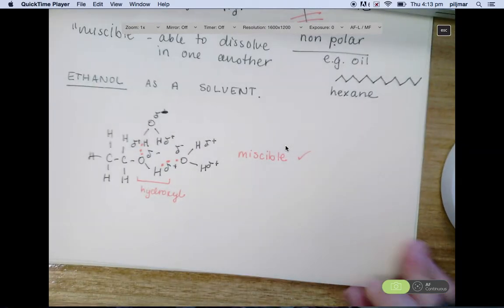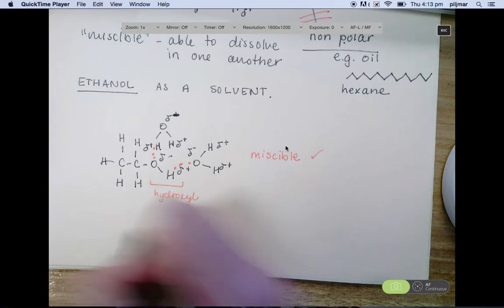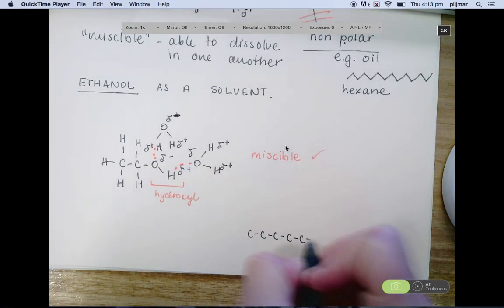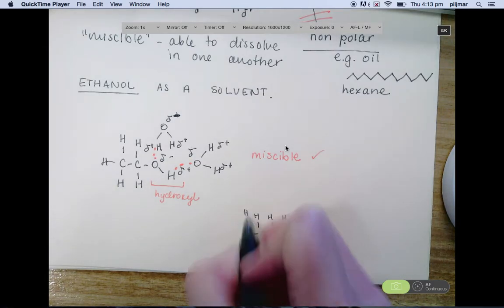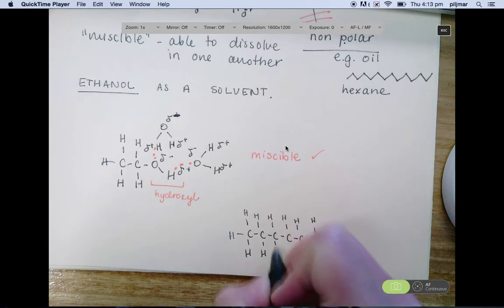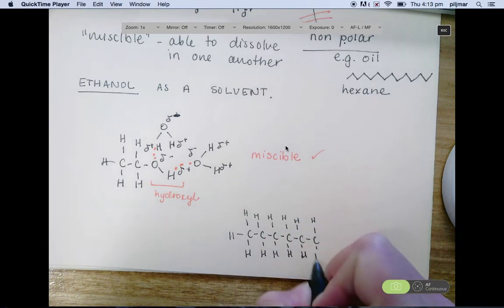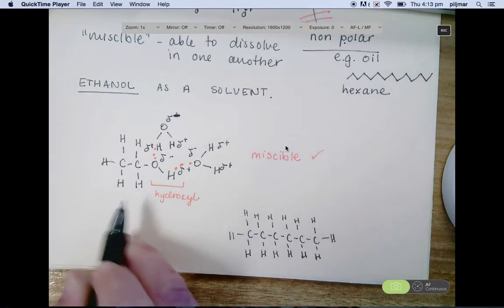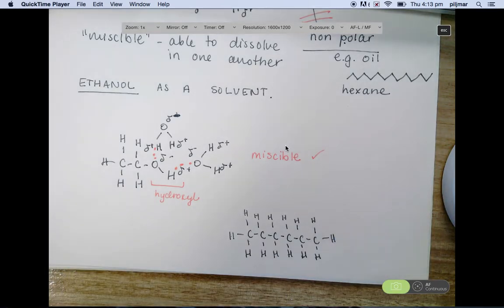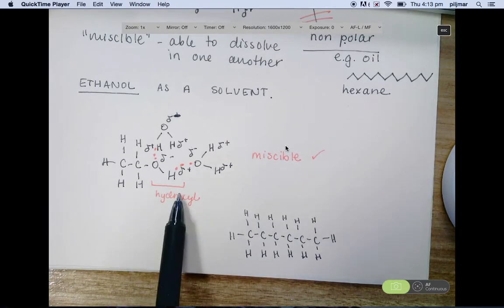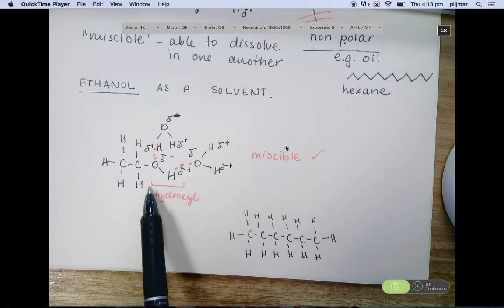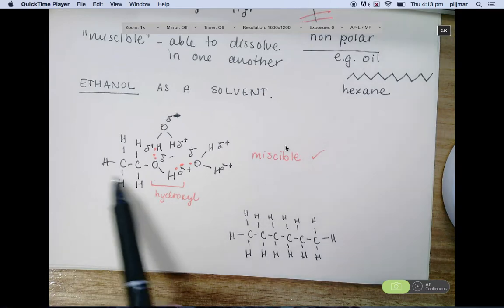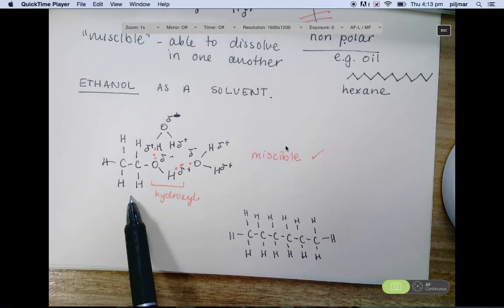If we then have a look at hexane, on the other hand, it's got our six carbons all single bonded together, filled in with the hydrogens. We would then be aware, hopefully, that it's not going to be able to form hydrogen bonds. So that rules out an intermolecular force with the hydroxyl group. So let's have a look at the ethyl group. Also single bonded carbons with one another, with the hydrogens surrounding it. So we know it's going to form dispersion forces.